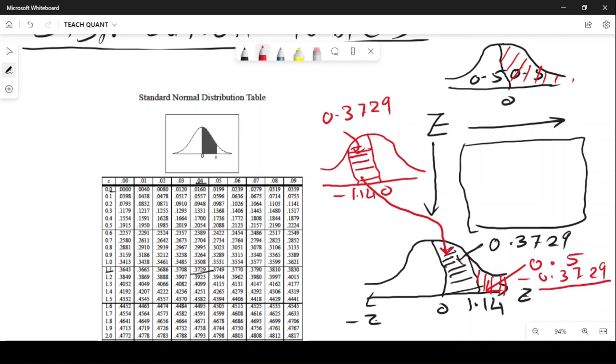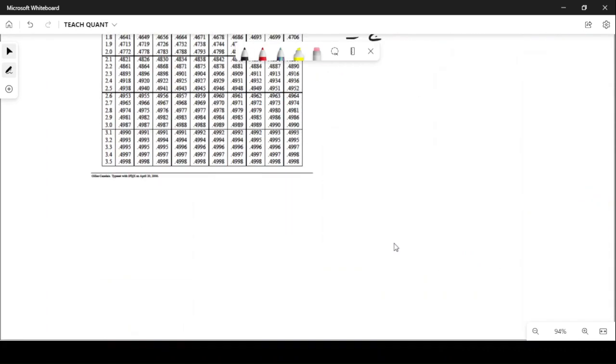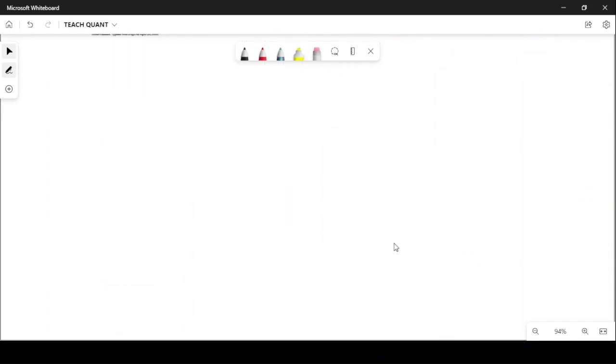Now, based on that table, which you can download from the internet easily, I want to go through a couple of examples to see if we are comfortable going through the tables on our own. I want to draw quite a number of them, and then we'll be looking at them one by one. And we have an example here.